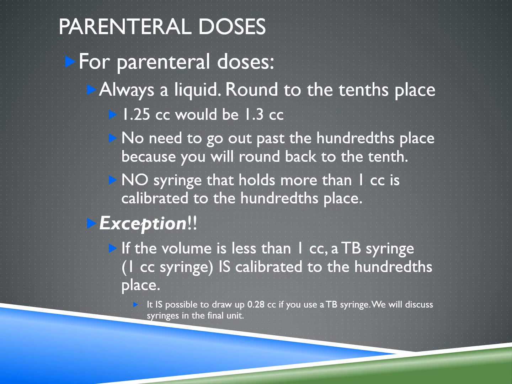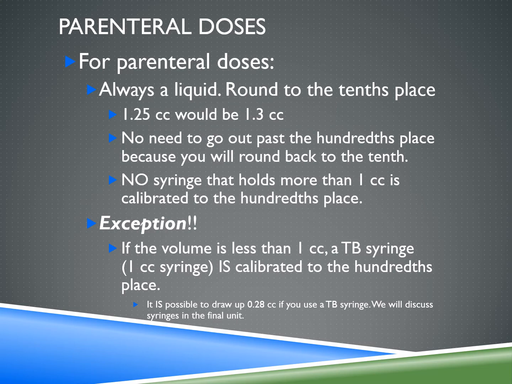Therefore, even though you've learned how to do math and you can go out 2, 3, 4 places past the decimal, there's no need to do that now because with the exception of one syringe, the most accurate you can get with a syringe is to the 10ths place. So all we would do then is take our division or whatever we're doing out to the 100ths place and round back to the 10th.